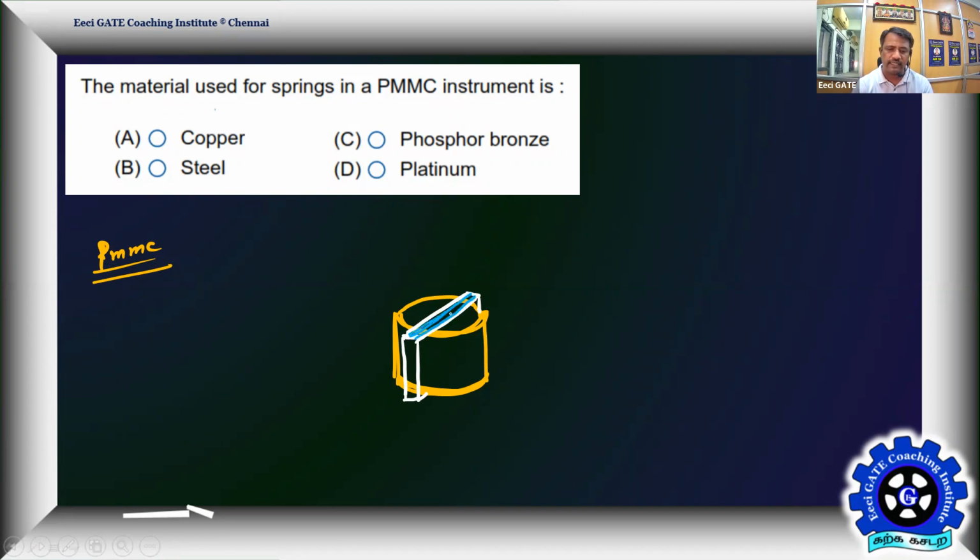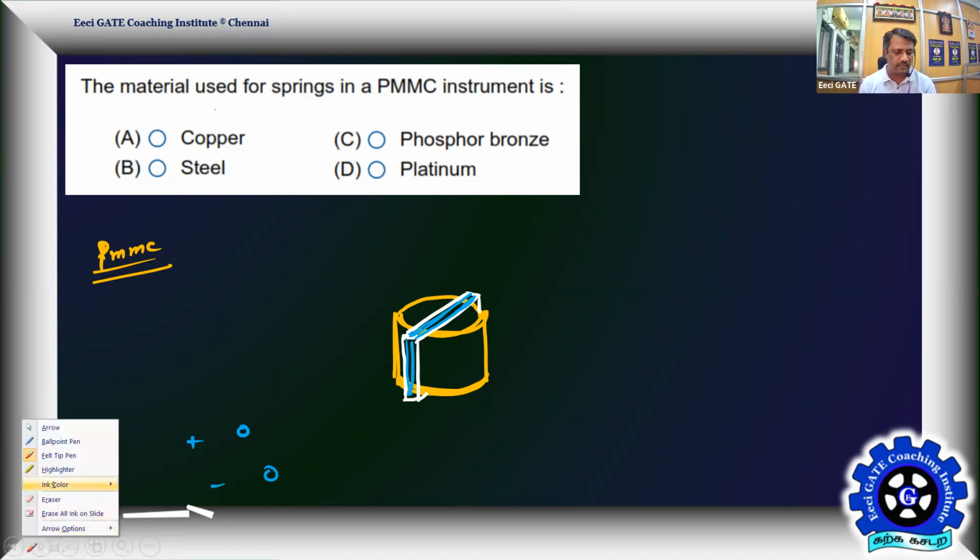That is the one carrying the current in the PMMC instrument. So we have two wires to carry the current sensed by the PMMC. Then we have a spindle to hold the entire moving assembly.